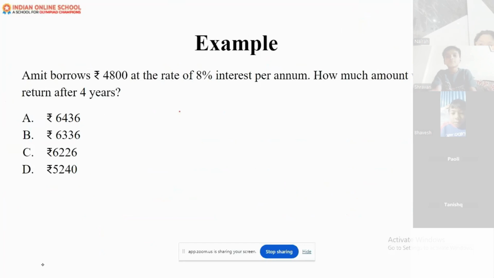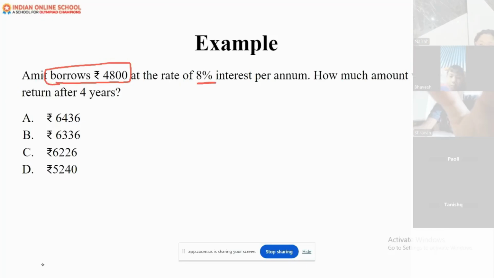So, this is the first question. Amit borrows 4,800 rupees at the rate of 8% interest.